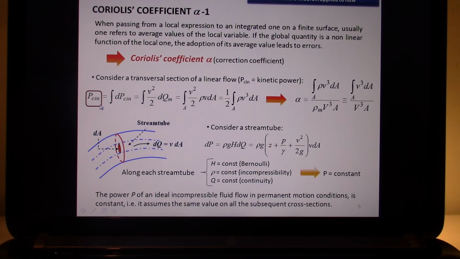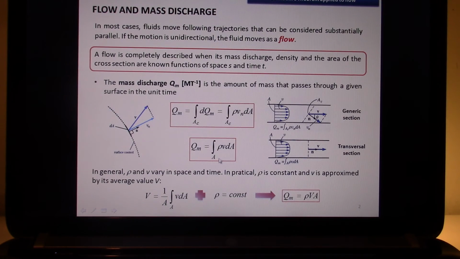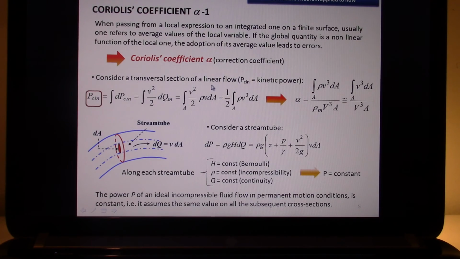Right here we have that the kinetic power is defined as the integral of v to the power of 2 over 2 times the qm, where the qm is exactly the mass discharge that we have defined before, so it's rho, the velocity, times dA. Then we can express this term in this one: 1 over 2 is brought outside the integral, and this is what remains inside the integral.